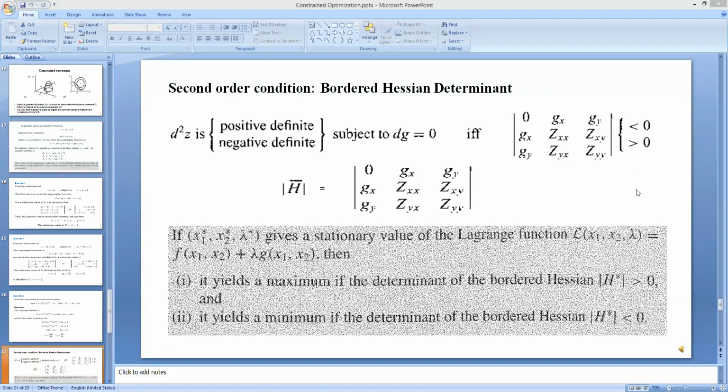In this case, the underlying function is strictly concave.